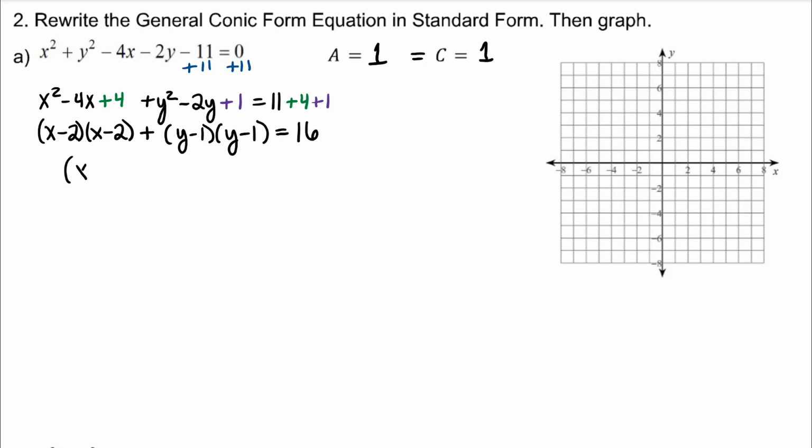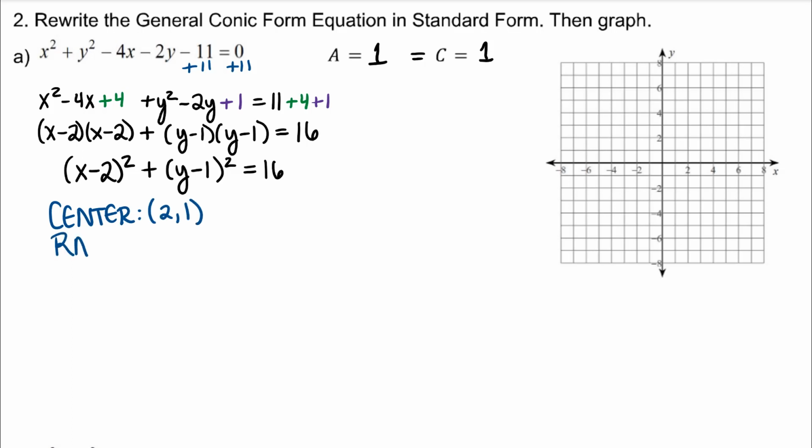Now you have the equation in standard form. (x minus 2) squared plus (y minus 1) squared equals 16. This means the center is at (2, 1) and the radius is 4. Now graph your circle.